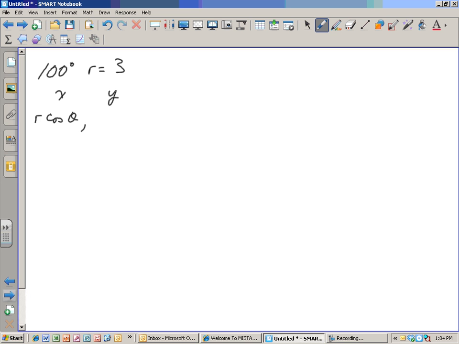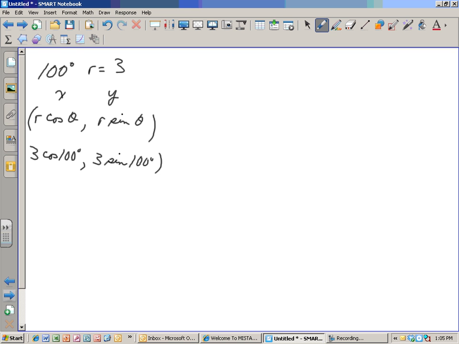To find the y-coordinate, it is r sine theta. So it'd be 3 times cosine of 100. How do we figure that out? Put it in your calculator. Round it to the nearest whatever it tells you to.